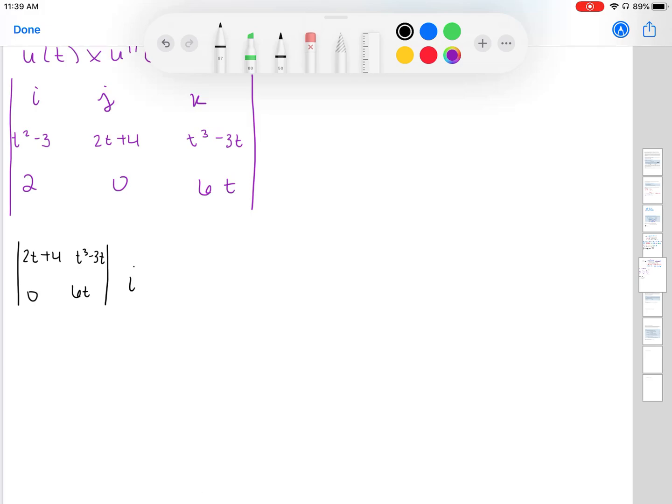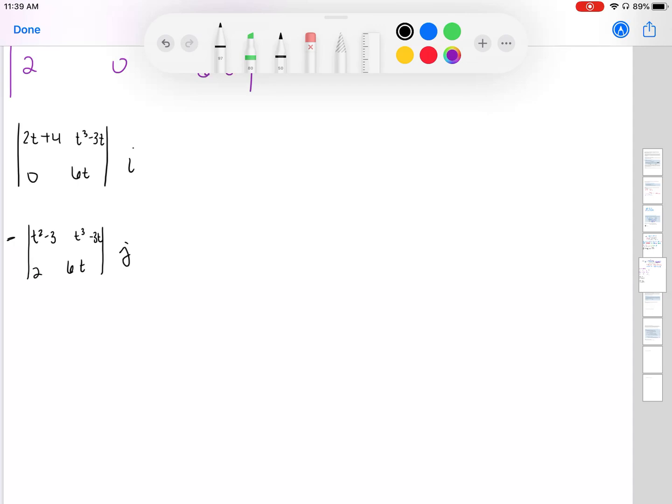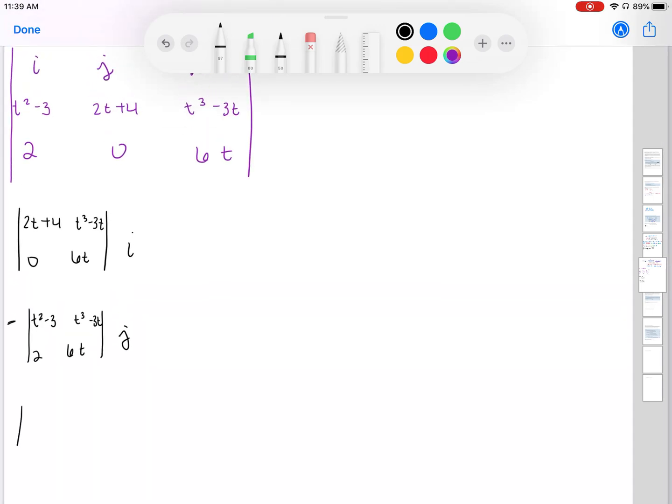For j, we have minus, and that will be t squared minus 3, and t cubed minus 3t, 2 and 6t. And for k, we have t squared minus 3, 2t plus 4, 2 and 0. Let's go ahead and find the determinants of those 2 by 2's.